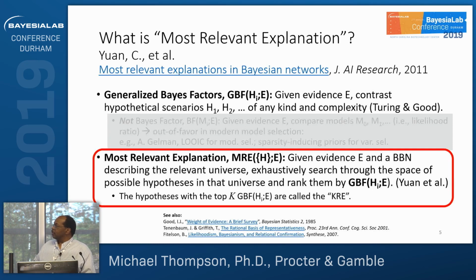While Tenenbaum and Griffiths explore how humans learn and how the brain develops to recognize things as representative, Fitelson looks at the larger sense of how humans reason under uncertainty and come to conclusions in a general way.